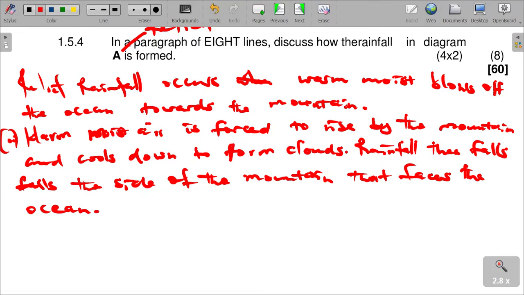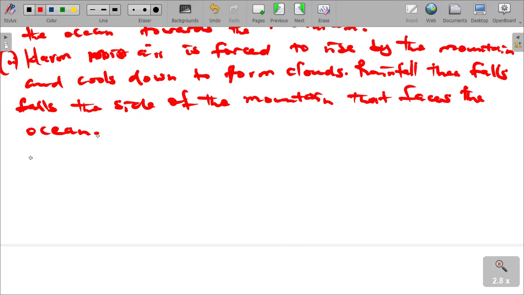And then what we need to understand is that the other side of the mountain, which we said doesn't receive rainfall, is the leeward side.